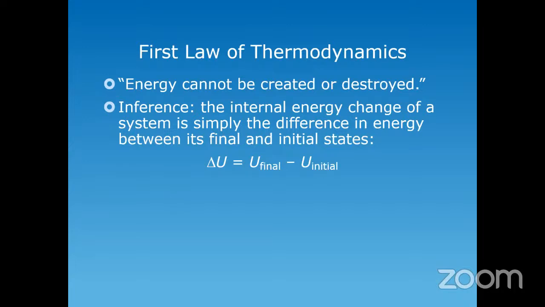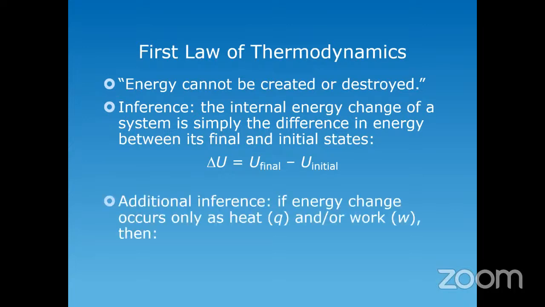So simply put, we can represent the change in internal energy as the internal energy final minus the internal energy initial. And remember, whenever it comes to changing anything, as I said before, it's always final minus initial. The final value minus initial, all right?